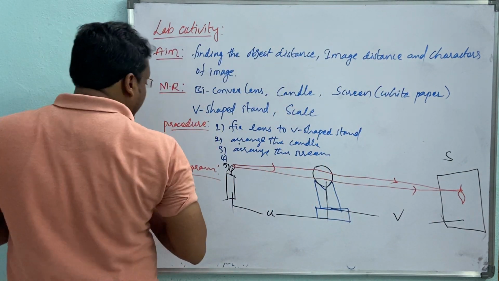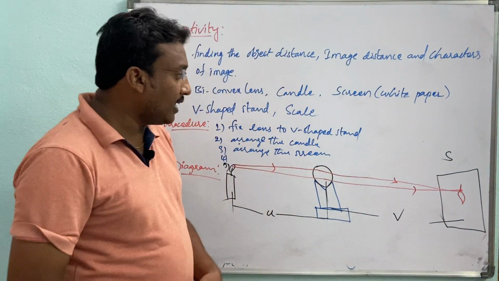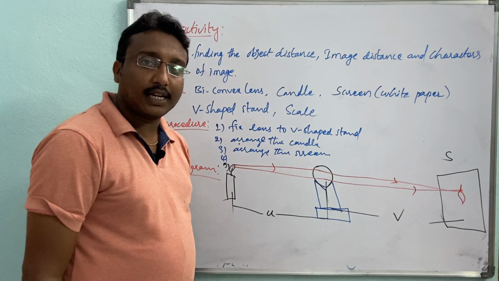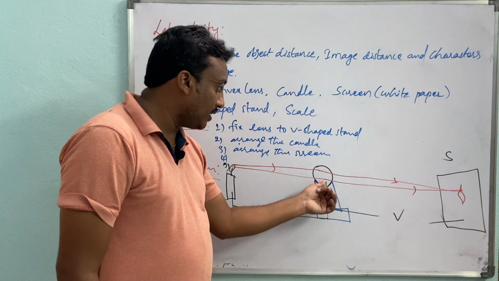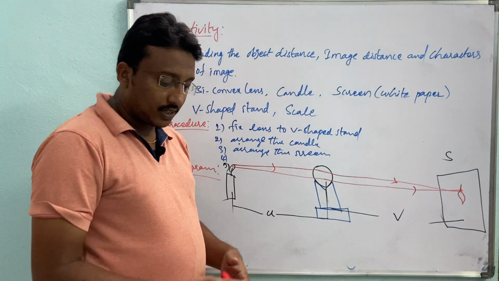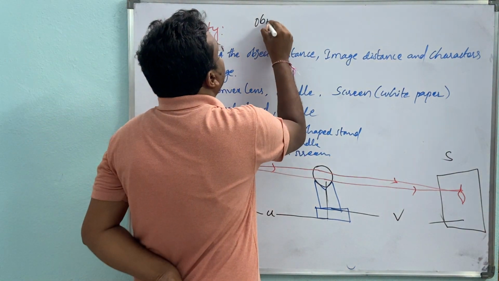What is object distance? The distance between the optic center and the object is called the object distance. Here, object distance.